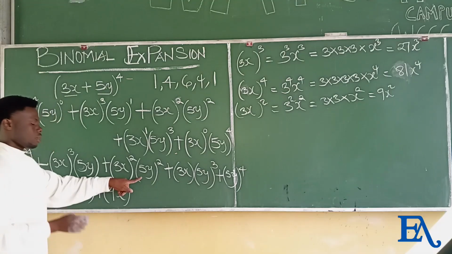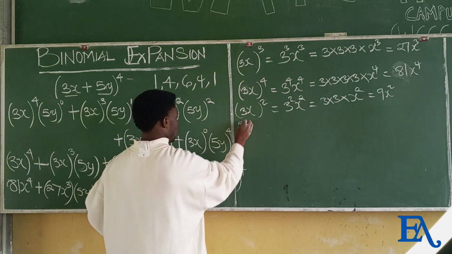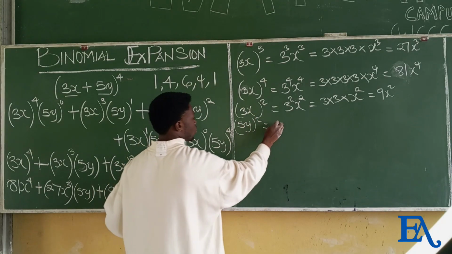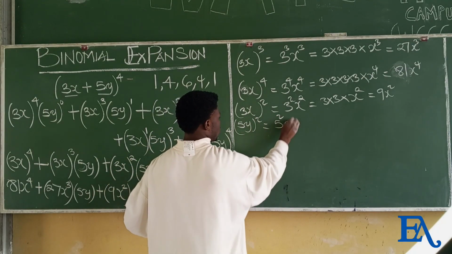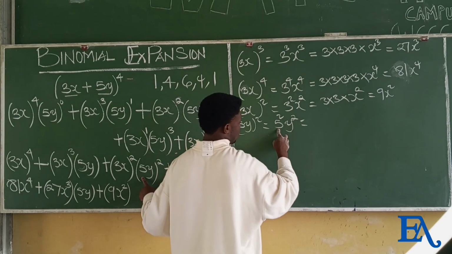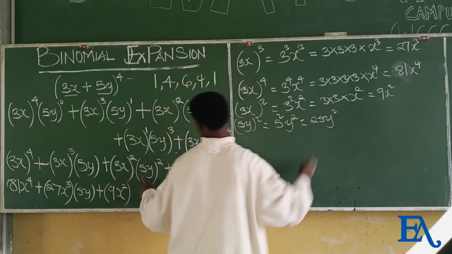Then this bracket is the same. This is 5y raised to the power of 2, which equals 5 raised to the power of 2, y raised to the power of 2, which is 5 times 5 is 25, y raised to the power of 2.